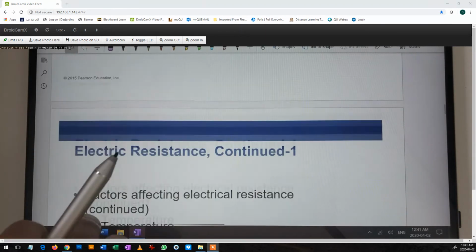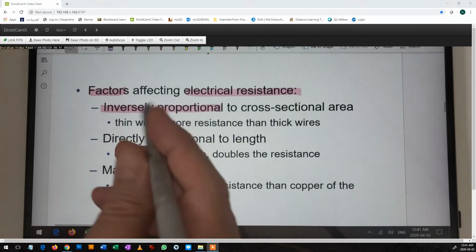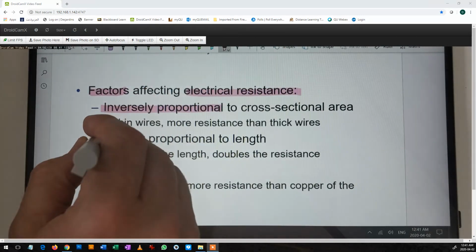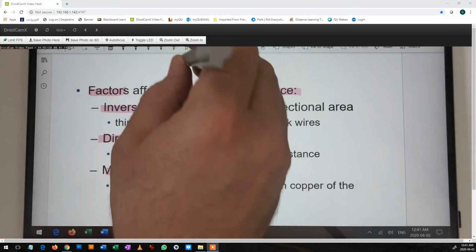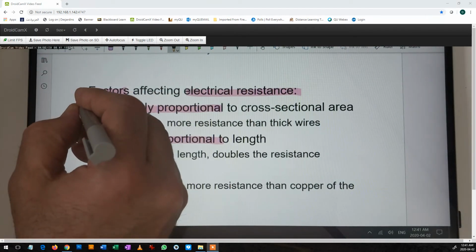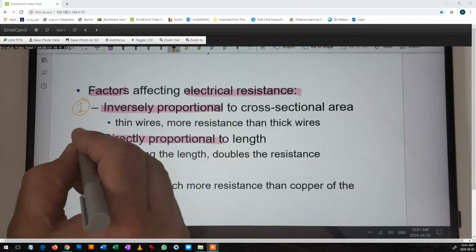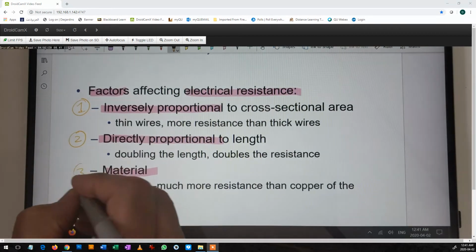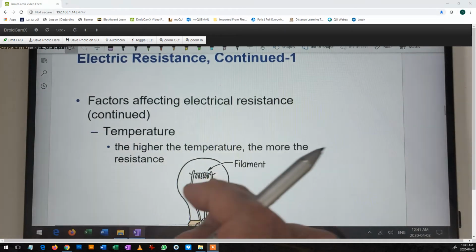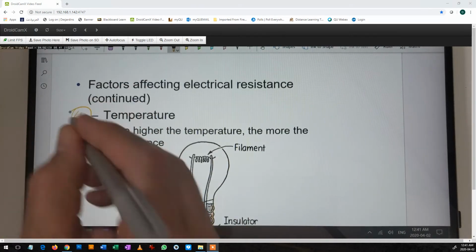So إذا عندنا factors. أول واحد، خلينا نرقمهم، شو رأيكم؟ 1 2 3. الآن نيجي لرقم 4 اللي هو temperature.